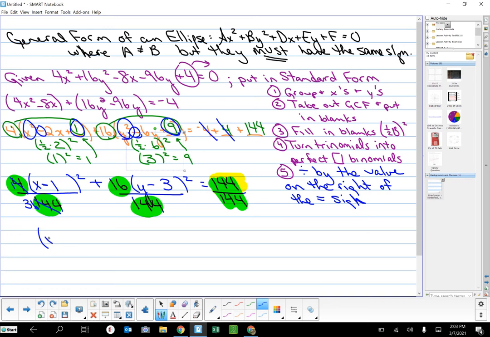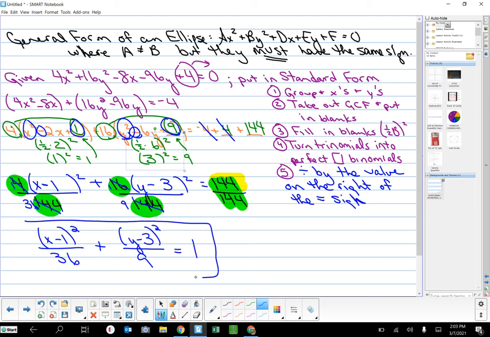So this becomes x minus 1 quantity squared over 36. My plus sign comes down. 16 goes into 144 9 times. So this becomes y minus 3 quantity squared over 9 equals 1. And here is the standard form for that ellipse.